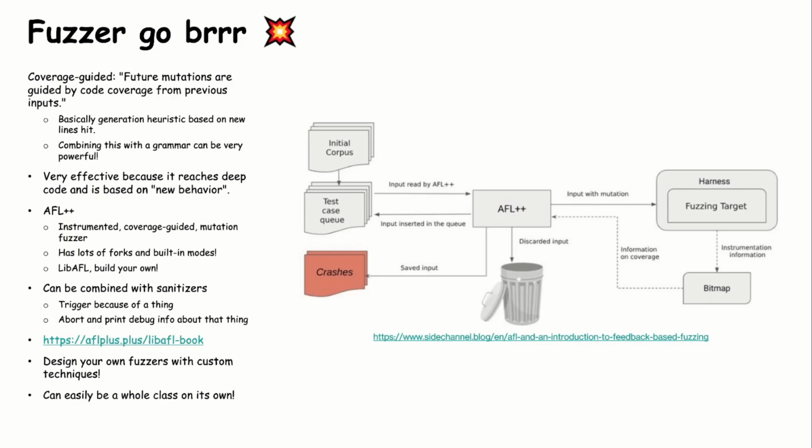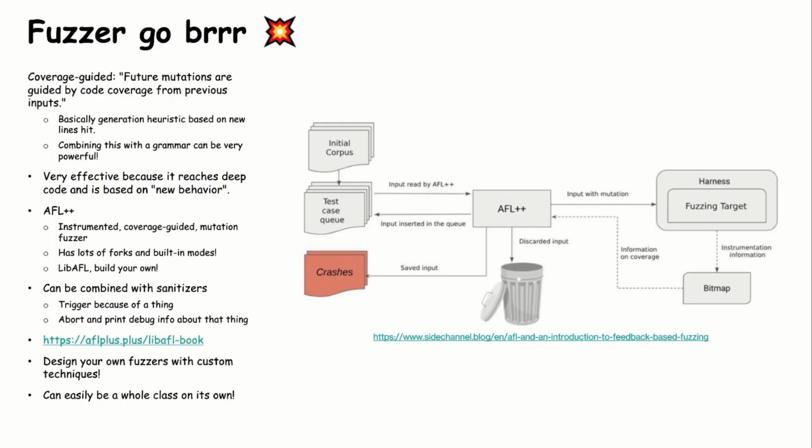The point of implementing a grammar is so you actually reach farther into the state machine by restricting values that don't really matter and that will prevent deeper processing of your input, like PDUs or parts of the lower network stack or lower protocol stack that you just know aren't going to be vulnerable. You don't want that to be a part of your coverage guidance, and you don't want to waste time having your fuzzer not get as deep as it can because you're not taking the grammar into account. But yeah, AFL, or AFL++, is cool.